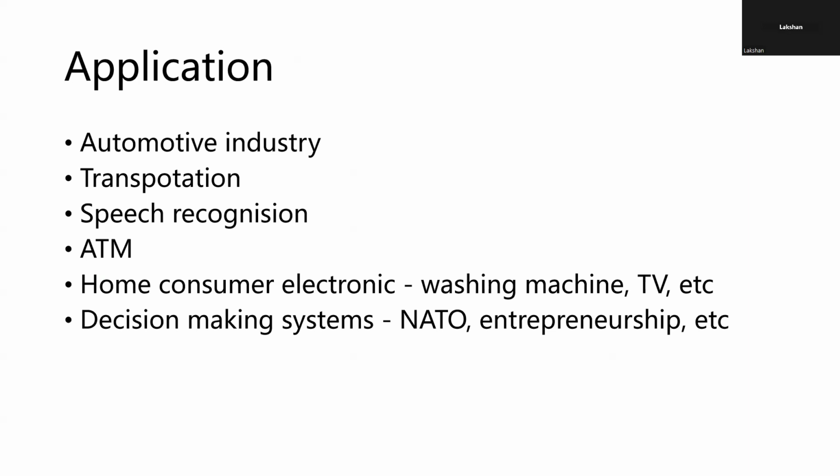In home consumer electronics and decision-making systems, especially in NATO systems, there are AI based decision-making systems. Fuzzy logic is part of machine learning, and machine learning is part of AI. So in these decision-making systems, NATO is using this facility.